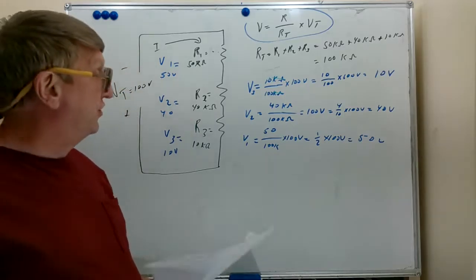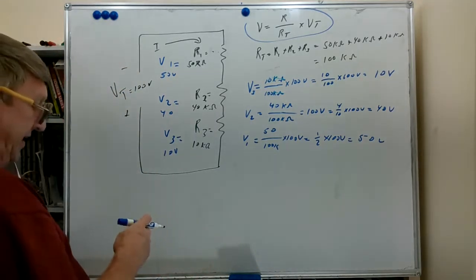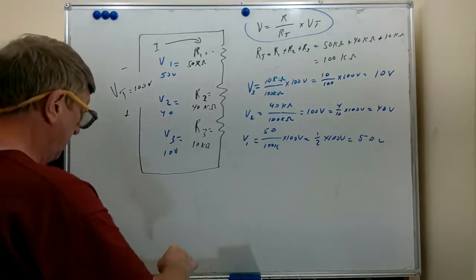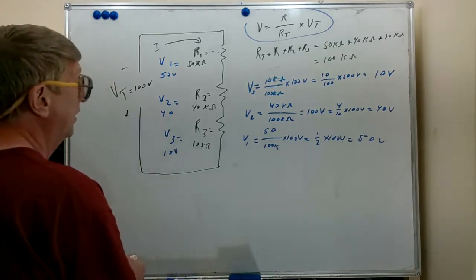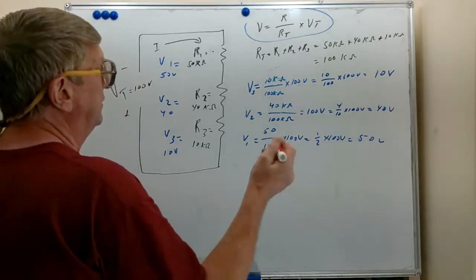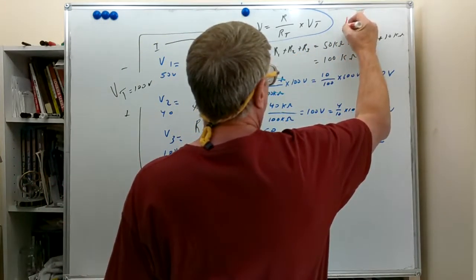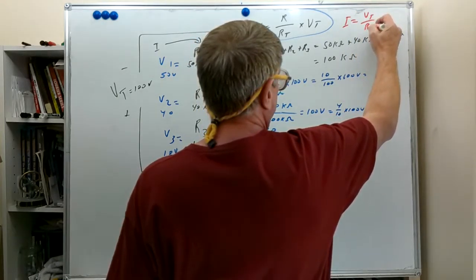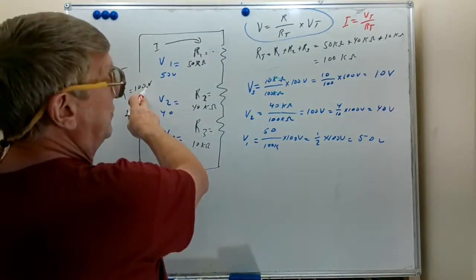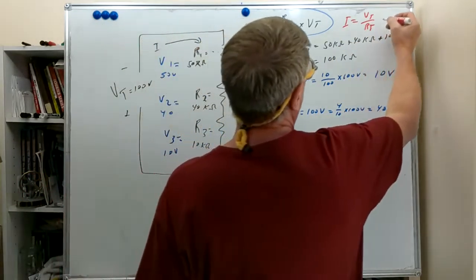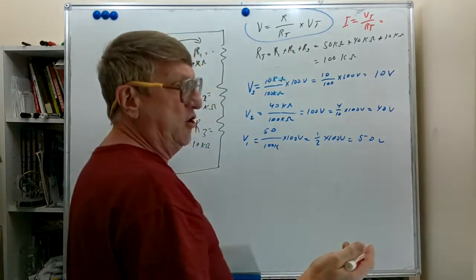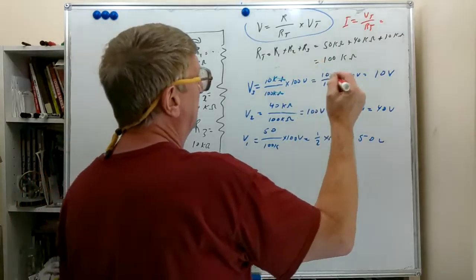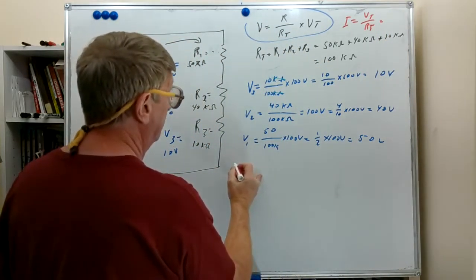Now we could do this circuit by calculating the current. Let's quickly do that. To get the current, I will equal VT, the applied voltage, divided by RT. We have VT of 100 volts and RT of 100K ohms.